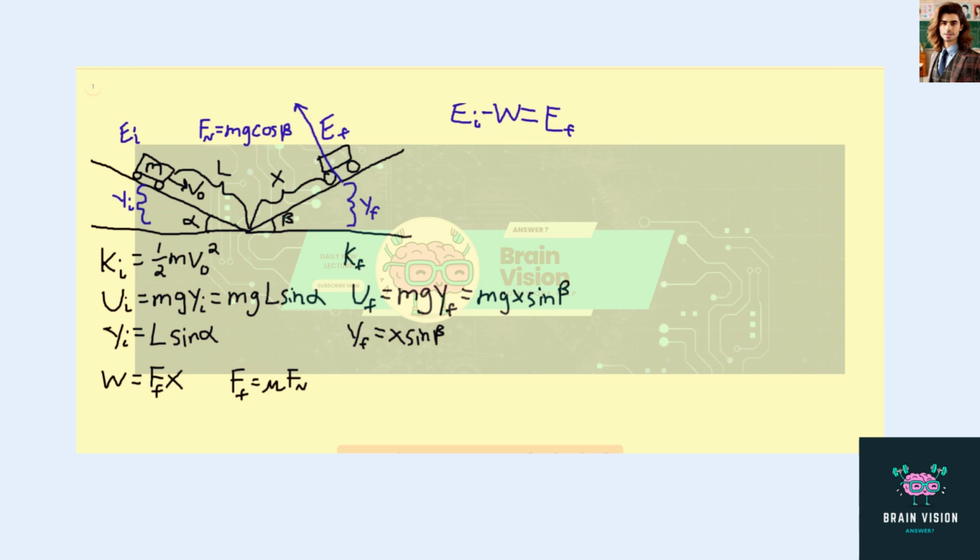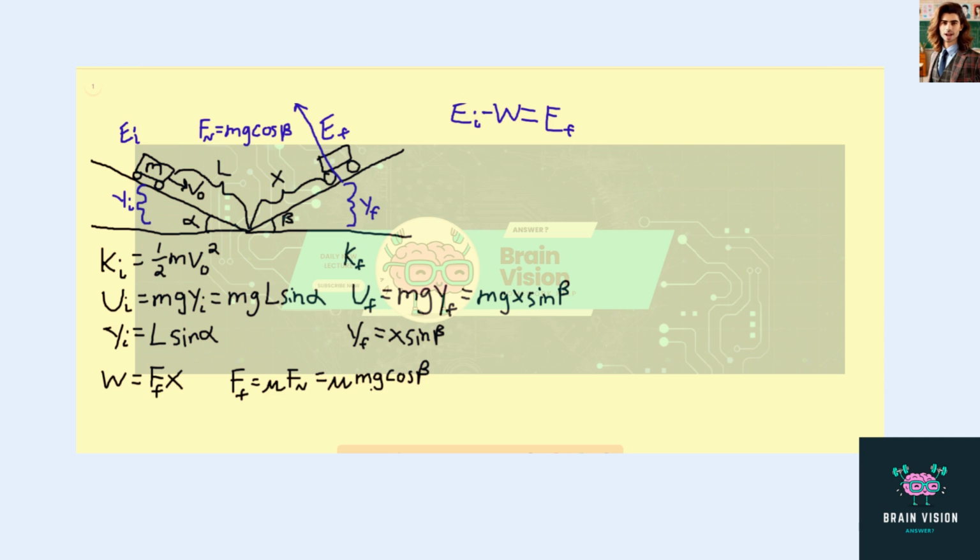So that gives us then the force of friction as being mu times the normal force, which is m times g times the cosine of beta. So now we can put that in to figure out how much total work is done by the force of friction.